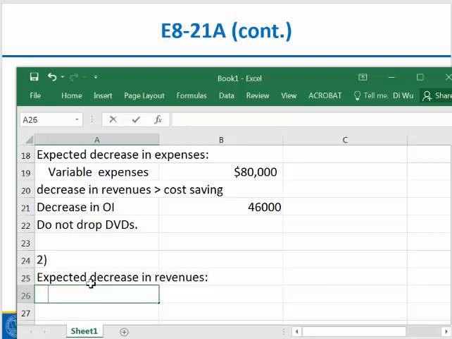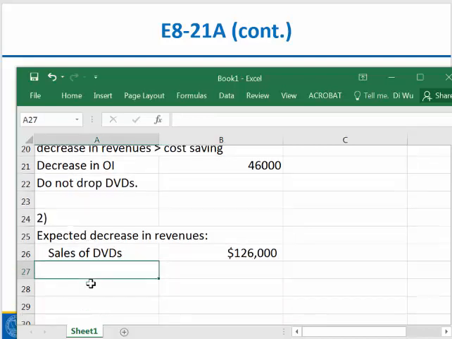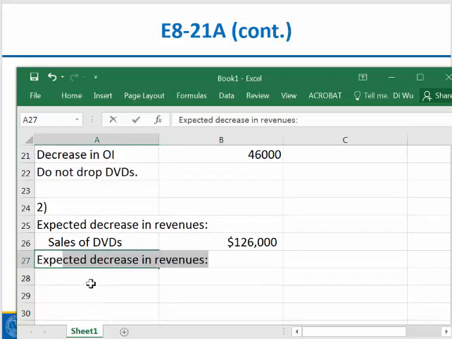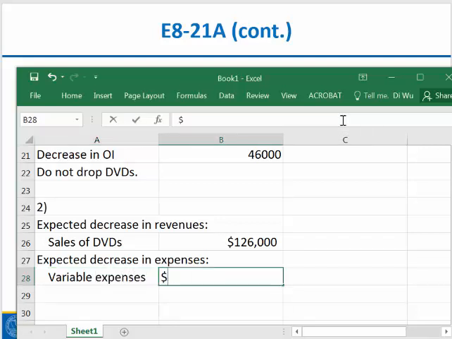You do have the sales of DVDs, which is 126,000, for sure. However, in the expected decrease in expenses, things change. First of all, you do have some cost saving in variable expenses, and I'm pretty sure you know the number, which is 80,000.